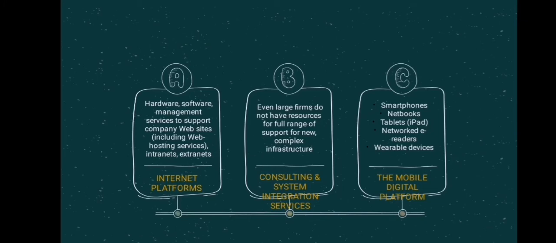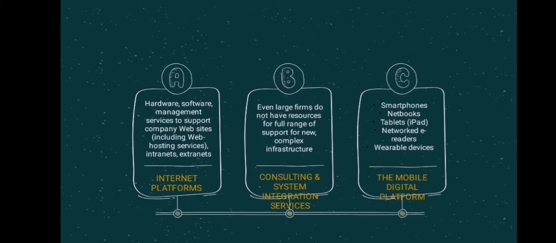The number 5 of infrastructure, which is internet platforms. Okay, for example, hardware, software, management services to support company websites, which is including web hosting services. Next is intranets and extranets.